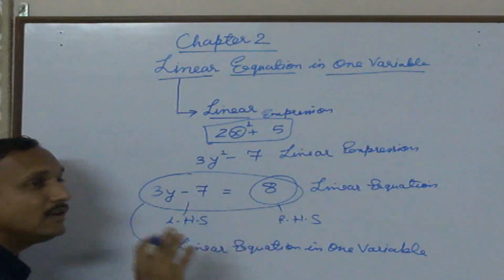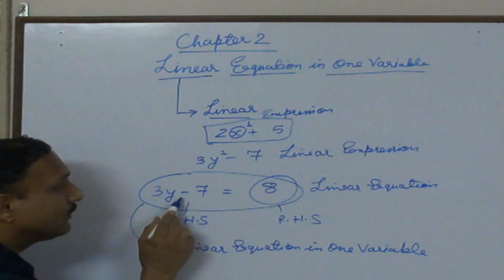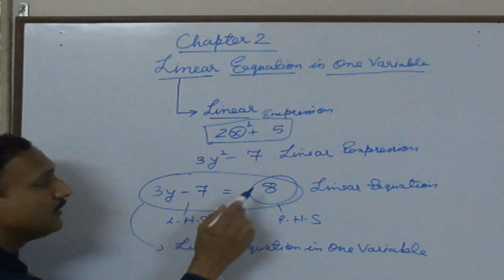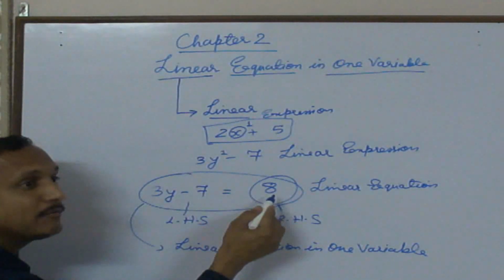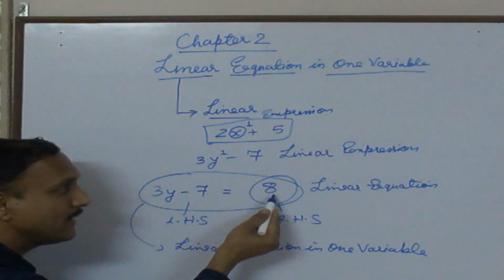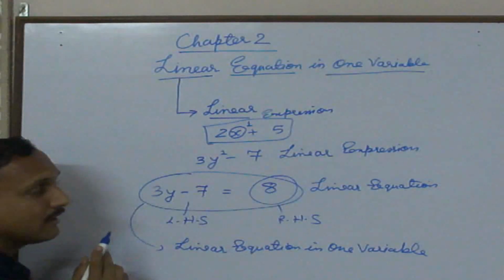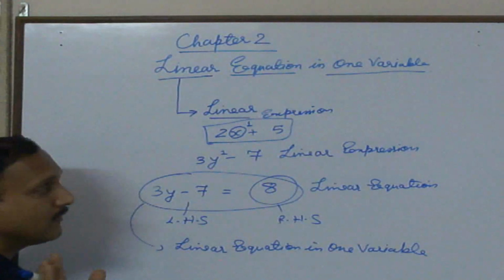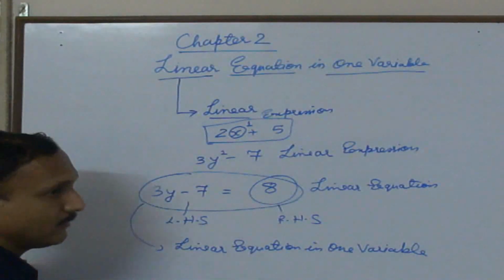Here we are dealing with only one variable. So, linear expression on the left hand side, and here are some numbers, maybe some variables also. If y is there, y will be there; if x is there, then x will be there. The same variable must be there, then only it is called a linear equation, otherwise not. So this is a linear equation in one variable. Clear?